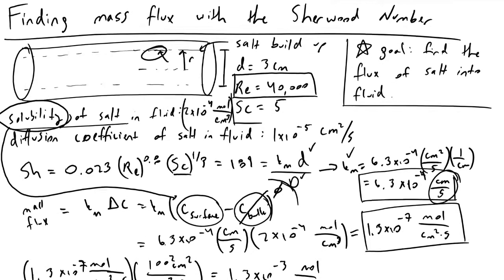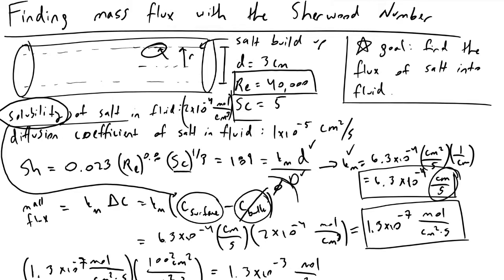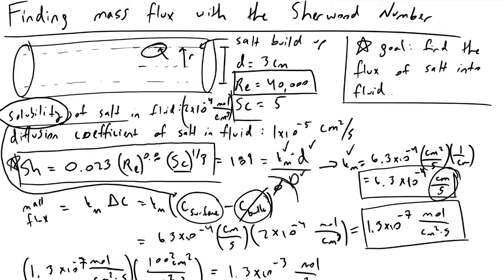Okay, and so to recap, what we did in this problem statement was first ensure that we were working within the turbulent regime, because we were able to apply this particular Sherwood relationship because we were operating within the turbulent regime. And after we did that, we were able to use our Sherwood number and the very definition of Sherwood number to calculate what our mass transfer coefficient is, Km.